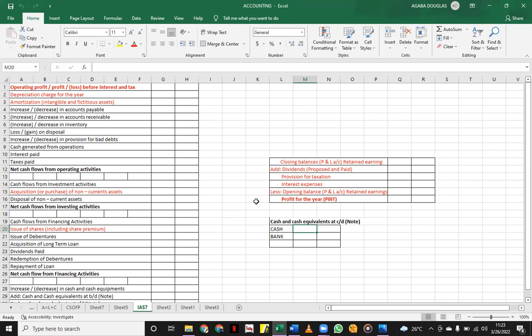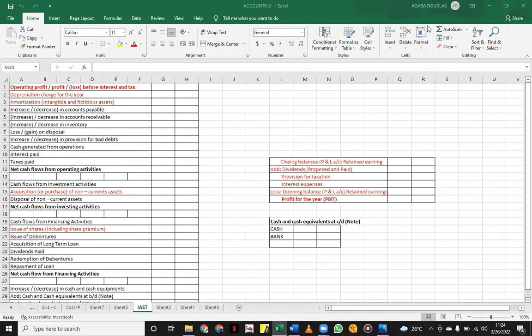If it is amortization, we need to add it back. And then things to do with provisions, things to do with loss on a sale or profit on a sale. So all those adjustments, like we'll be seeing how to arrive at them when we are looking at a number, they need to be done.